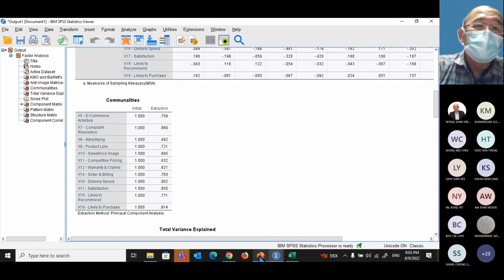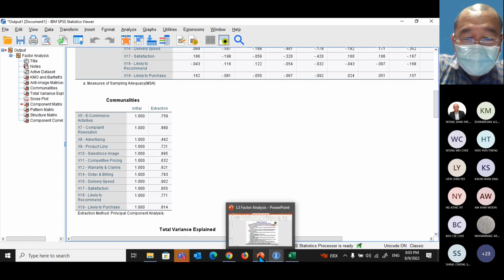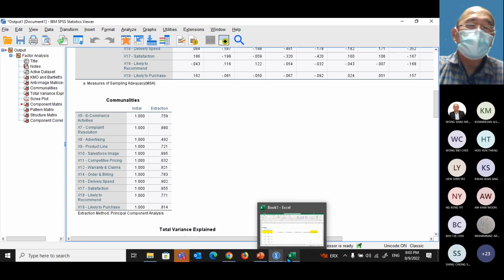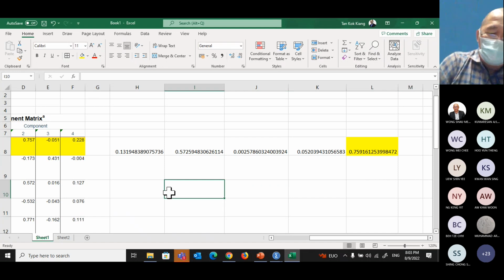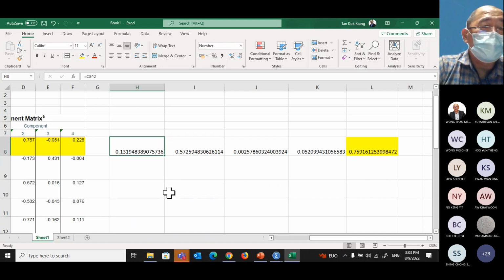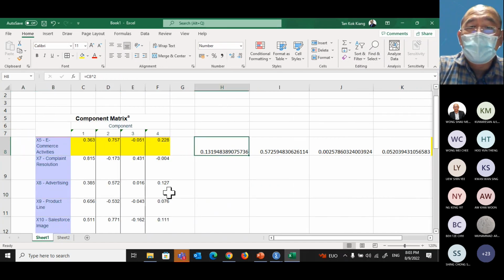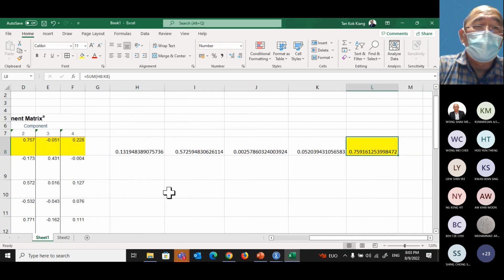So the meaning is that, of course, higher means more important. But what kind of importance? Okay, we see. Meaning that this variable contributes 75.9% to these four factors.